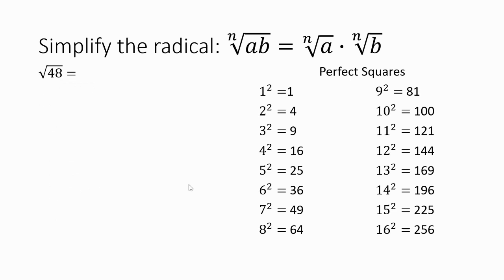Square root of 48. A lot of factors in this one: 2 times 24 and all the way down. I'm looking for the biggest perfect square. What's going to get people here is that they're going to try to use 4, but 16 is the biggest perfect square that divides in there. So that's the square root of 16 times the square root of 3, which is 4 root 3.